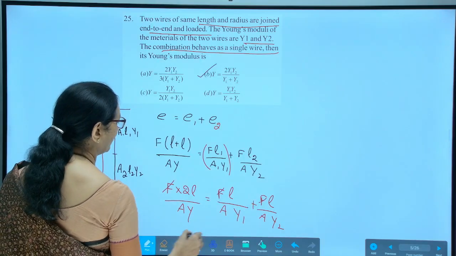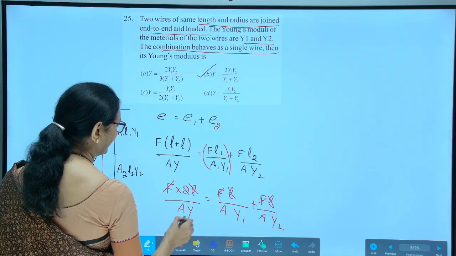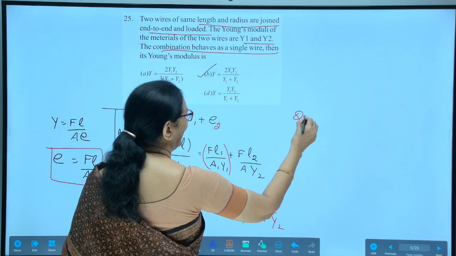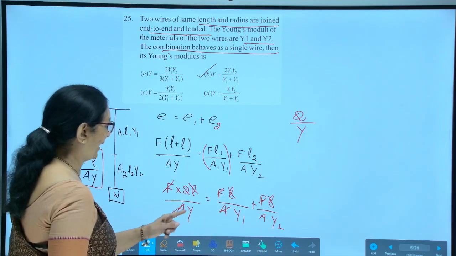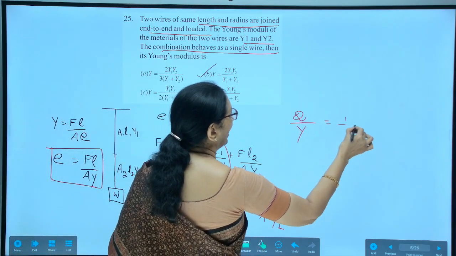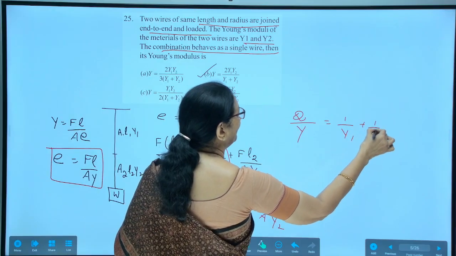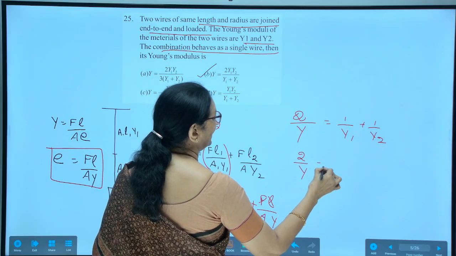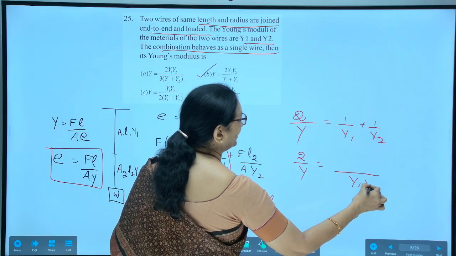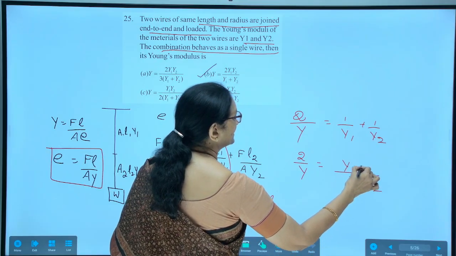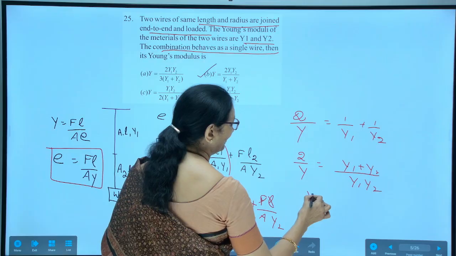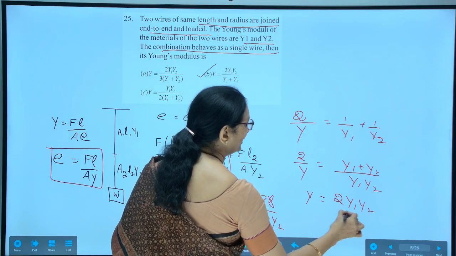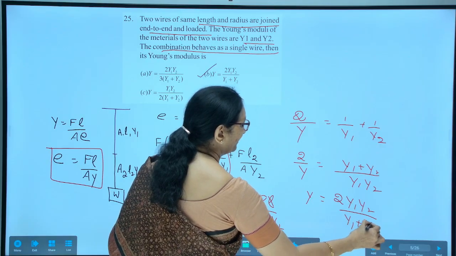F we can take common factor, L and A. So from that we got the expression 2 by Y is equal to 1 by Y1 plus 1 by Y2, which implies 2 by Y is equal to, if you take Y1 Y2 as LCM, Y1 plus Y2, which implies Y is equal to 2Y1 Y2 by Y1 plus Y2.